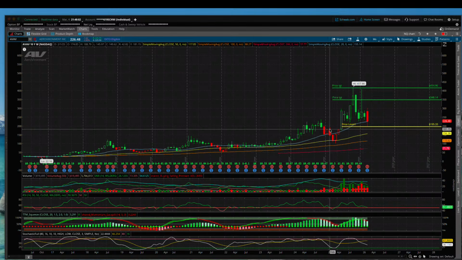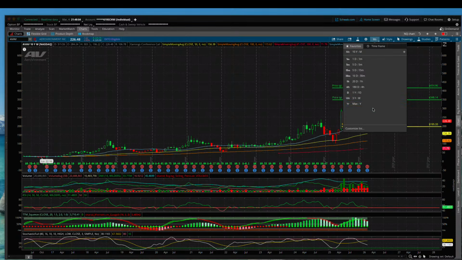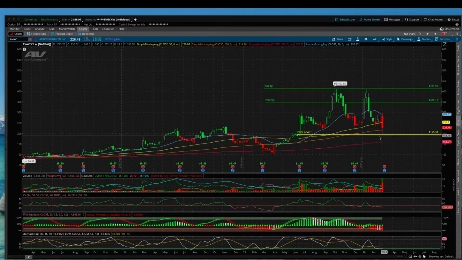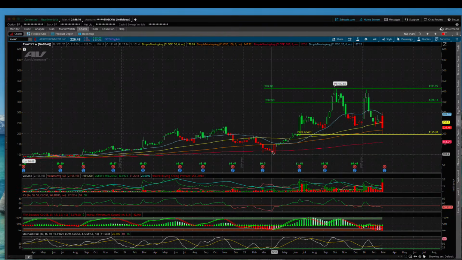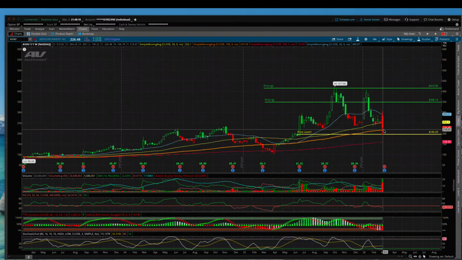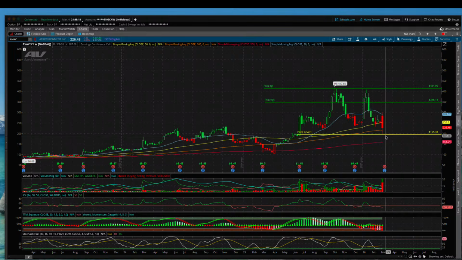The chart does not look the greatest. Has a lot of pop and drops. So it's a gamble. You know, it might pop again, but it's definitely going to drop.